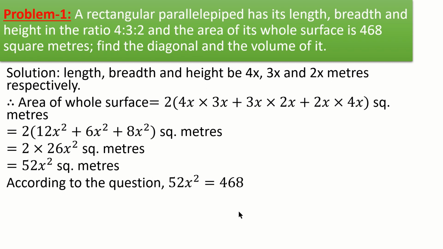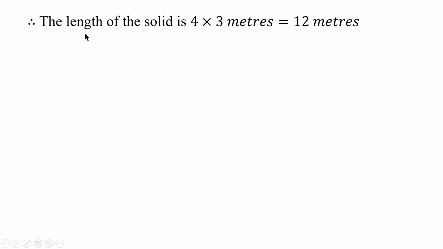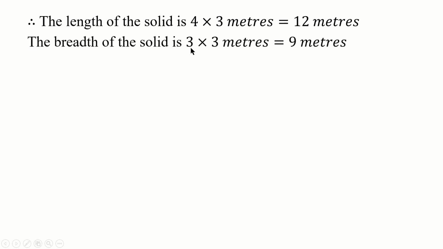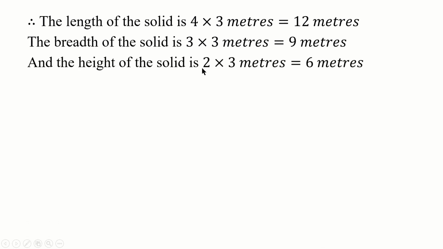Now calculate. x square equals 468 divided by 52, so x square is equal to 9, therefore x is equal to 3. Therefore the length of the solid is 4 into 3 meters, equal to 12 meters. The breadth of the solid is 3 into 3 meters, equal to 9 meters. And the height of the solid is 2 into 3 meters, equal to 6 meters.